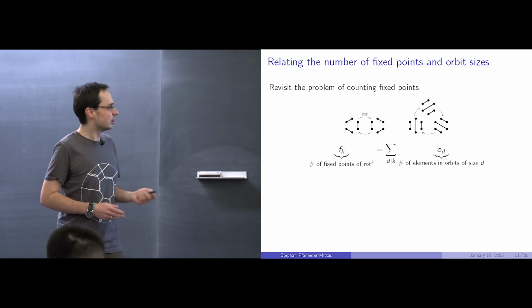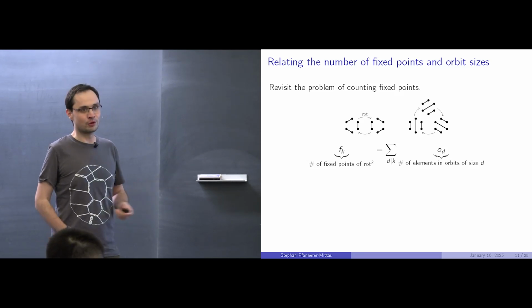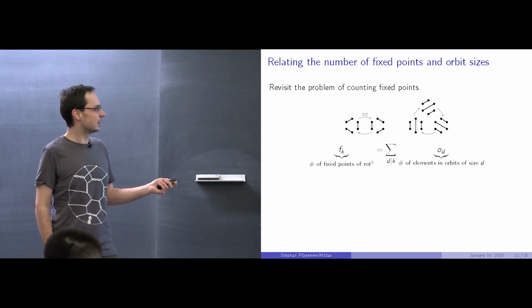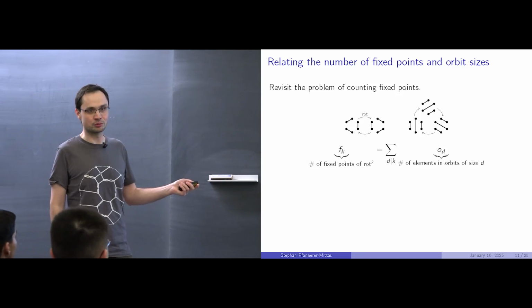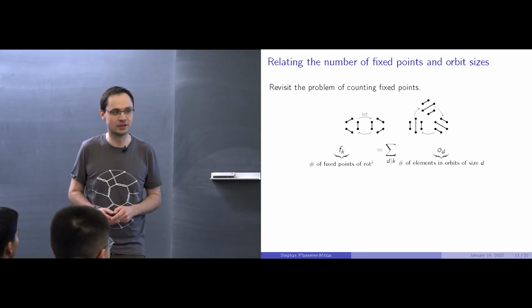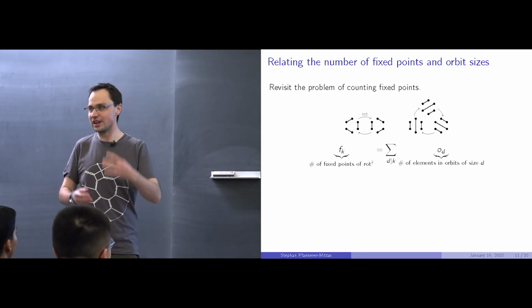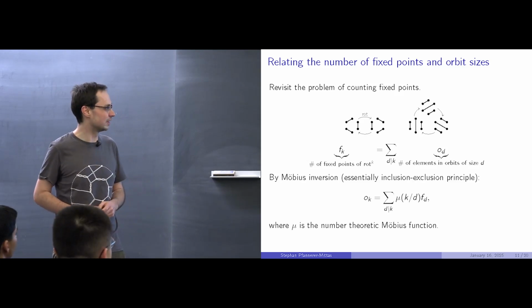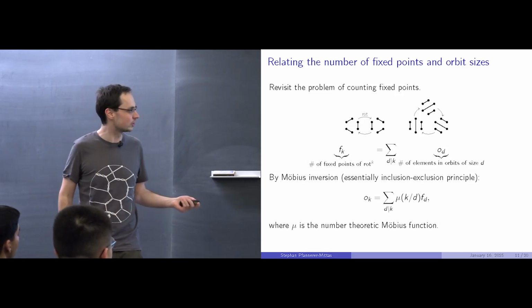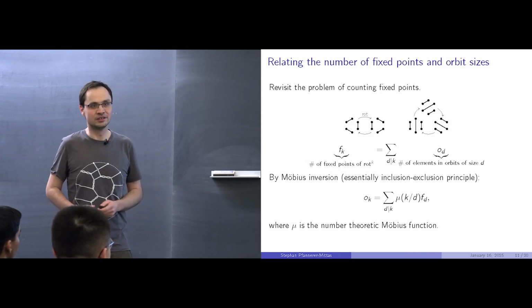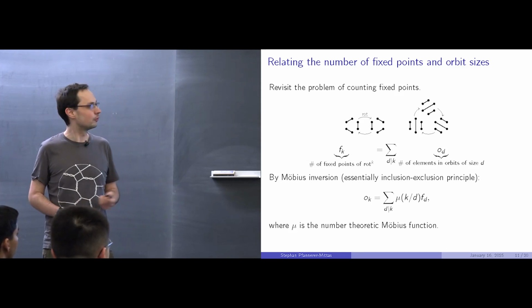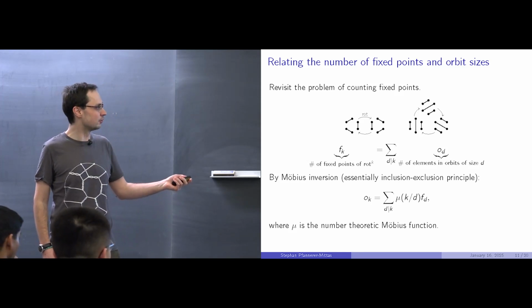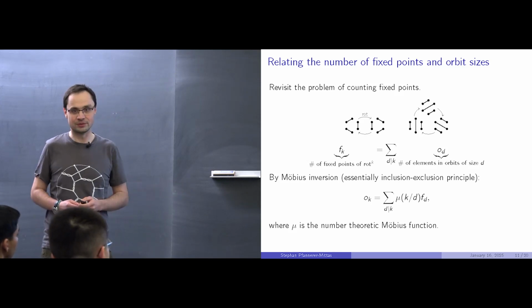And in number theory, if you have a formula like this, expressing the f's in terms of the o's, you can also express the o's in terms of the f's in some kind of inclusion-exclusion style formula, and that's basically Möbius inversion, where this Möbius function is actually coming from. So if you have this property here for all k, then you know that you can get the o's from all my f's in this way.